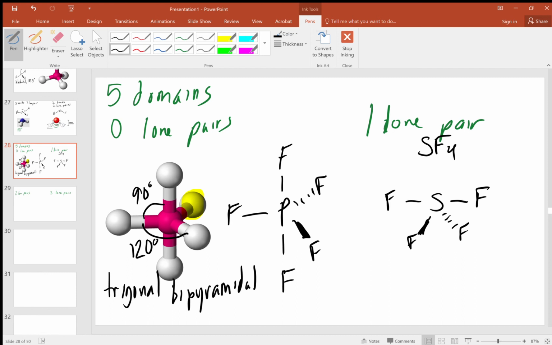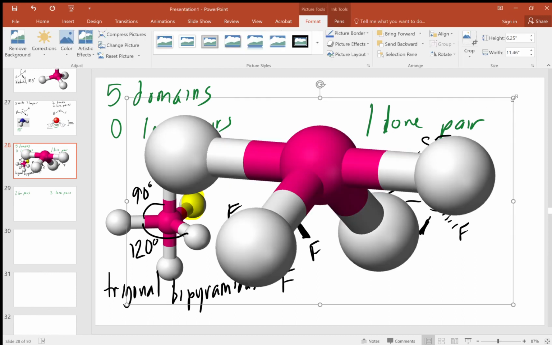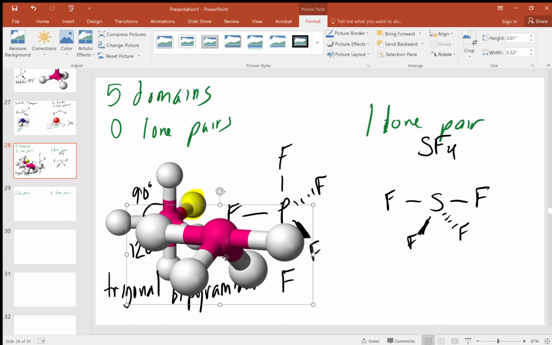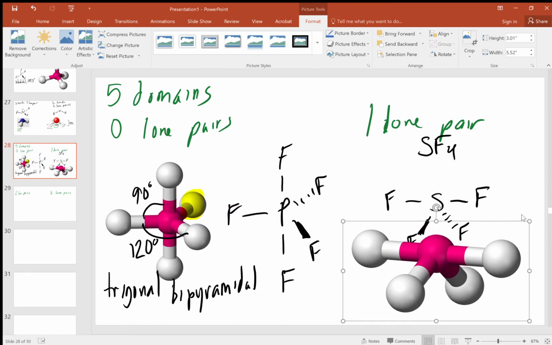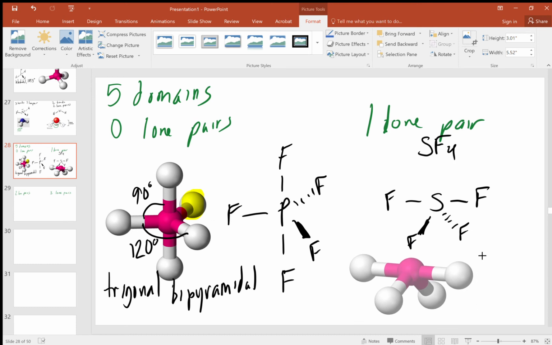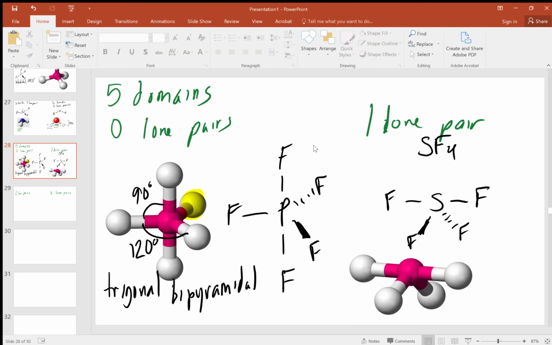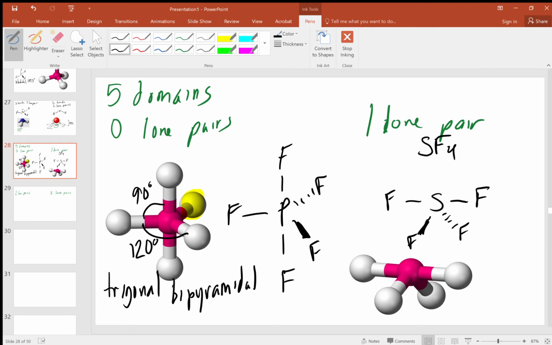And here's another picture of that. Bond angles here are going to be slightly decreased again by the addition of the lone pair. So instead of 90 and 120, they end up at 88 and 118.